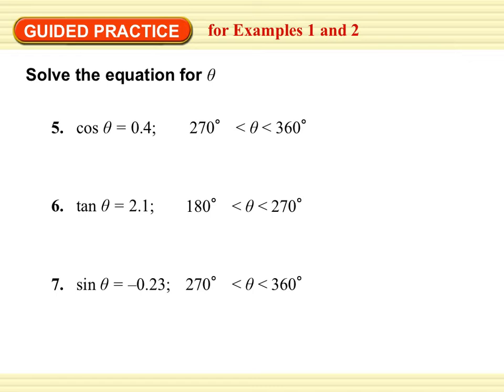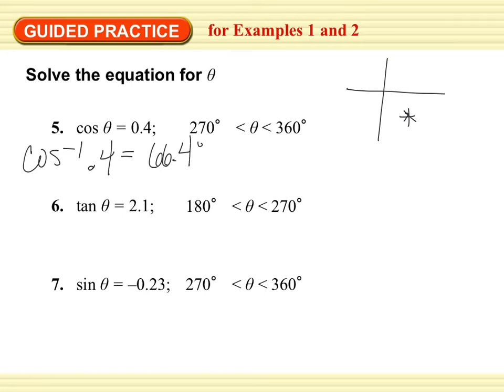All right. So for this first one, between 270 and 360, I'm in this quadrant. So let's do cosine to the -1 of 0.4. Cosine to the -1 of 0.4 is 66.4 degrees. So I could say negative 66.4 degrees.